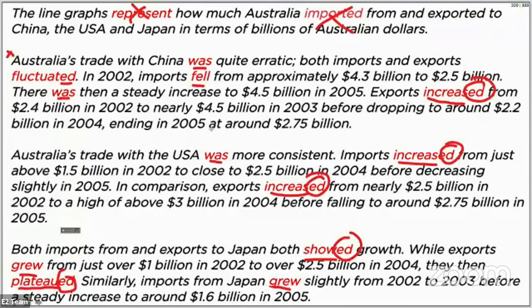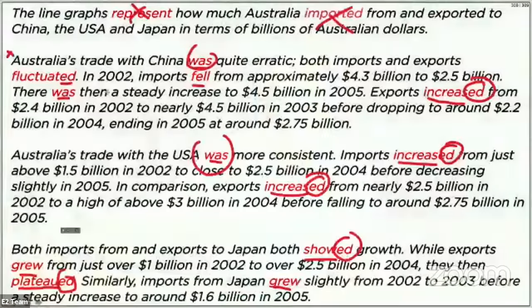So you can see all of these verbs, because the x-axis is in the past, we're going to put all of our descriptions and all of our comparisons, we're going to use a simple past tense verb.